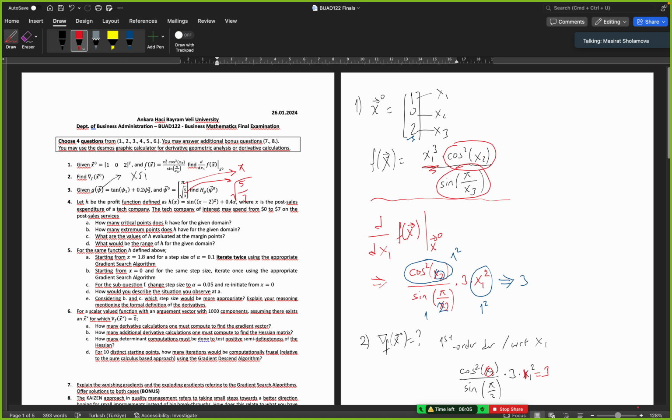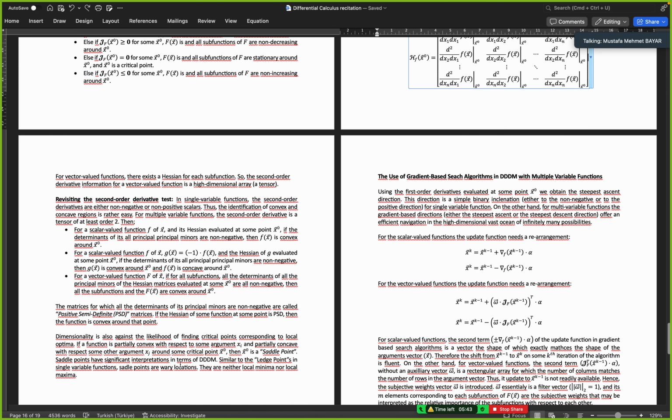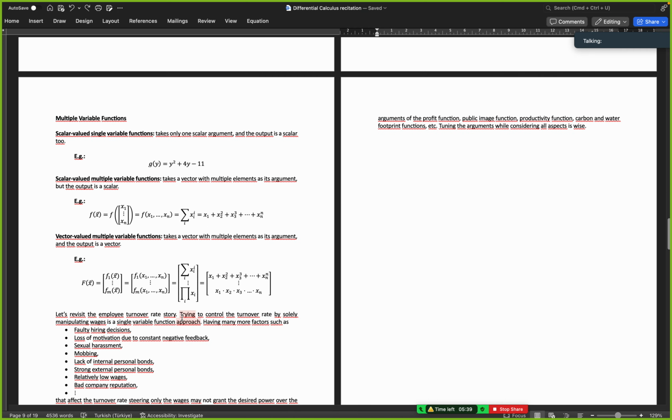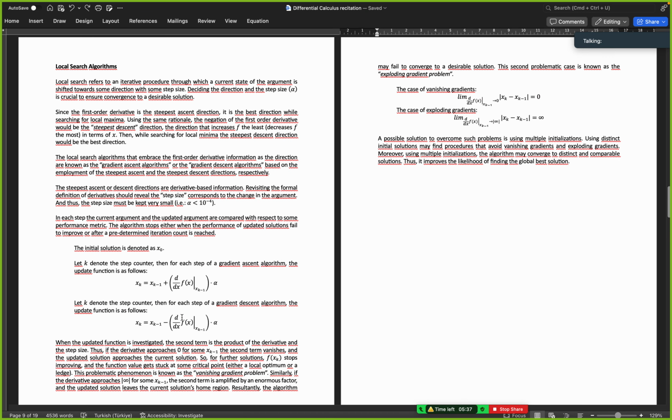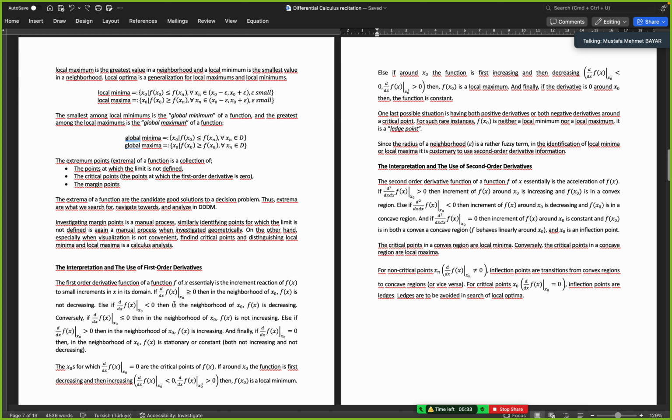Teacher, I have a question. Yeah, shoot it. Teacher, what's the difference between global maximum and local maximum? All right, so it is about the definition. Let me just get you the definition first. So where is my mouse? I have just found it. And yeah, here it is.